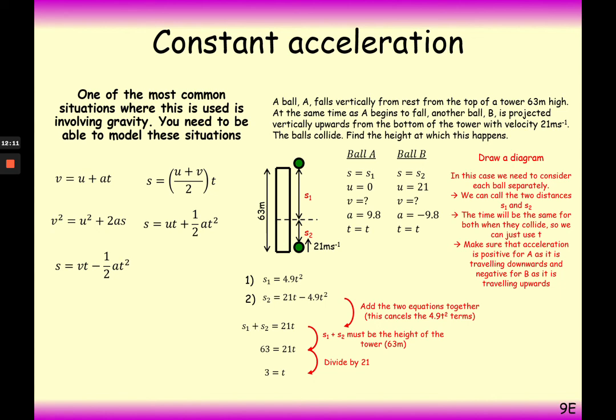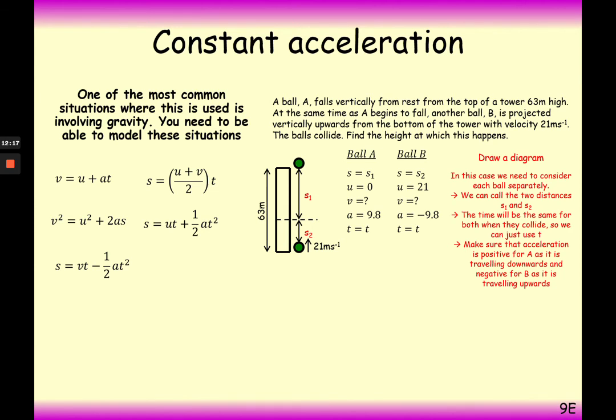So from when they're projected to when they collide is 3 seconds. Now we can sub that back into our expression for ball B. We know t is 3, so sub that in, and we get s is 18.9 meters, or 19 meters to two significant figures.